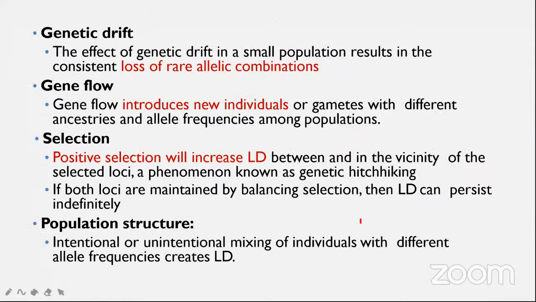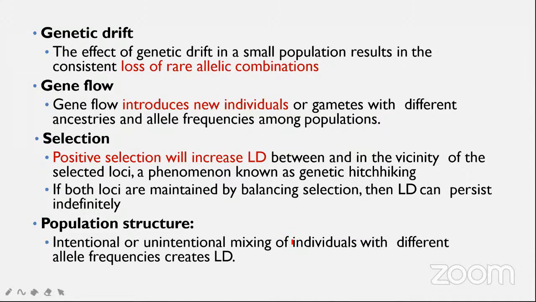When you have gene flow between populations of the same species, it introduces new individuals or gametes, and so you have more combinations, so that leads to an increase in LD again. And in terms of selection, positive selection is more like domestication, where you select for desired traits.